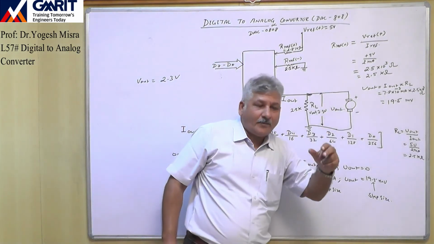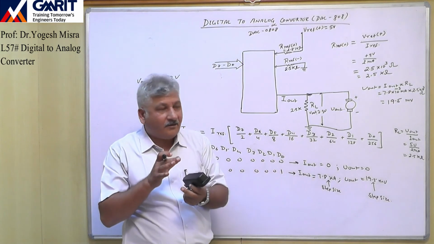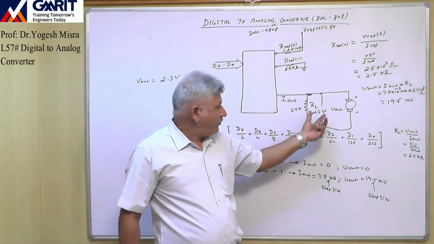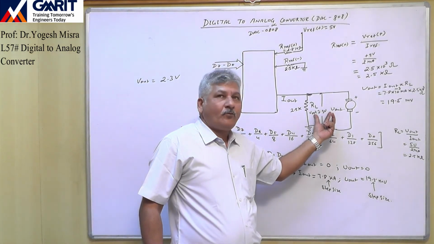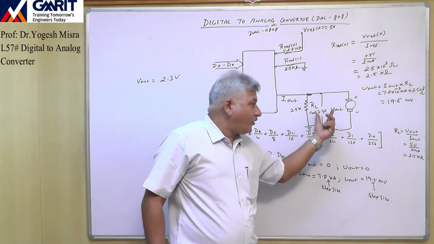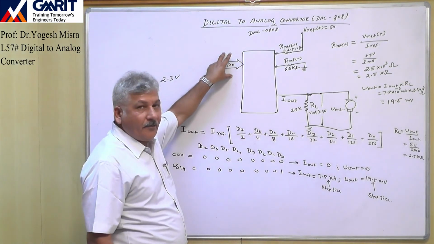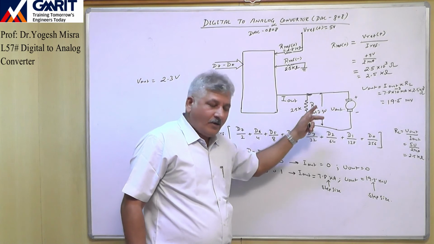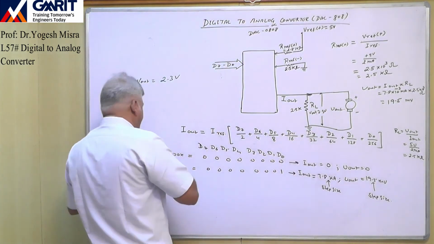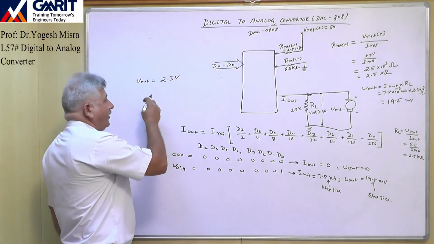Suppose in some application we want to reduce the speed of the DC motor. So in that application we want to generate an output of 2.3 volt. For this, what should be the digital input we shall give so that we can get 2.3 volt output?